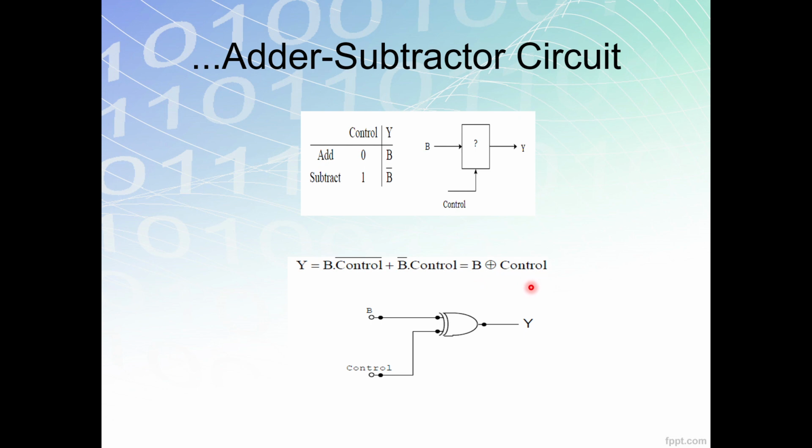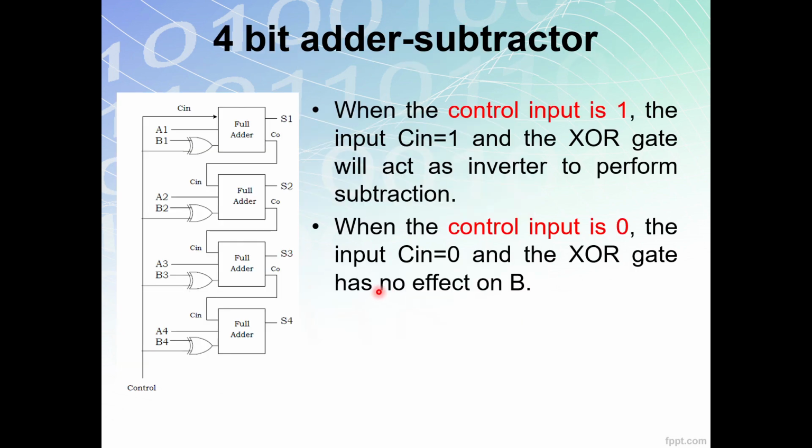So therefore we can conclude that we will use an exclusive OR gate in order to perform as a controller when they have operations of addition and subtraction in the adder-subtractor. So when the control input is 1, the input Cin is 1, and the exclusive OR gate will act as an inverter to perform the subtraction.